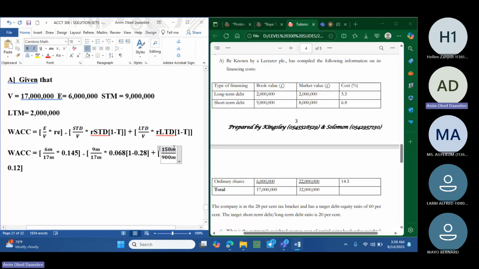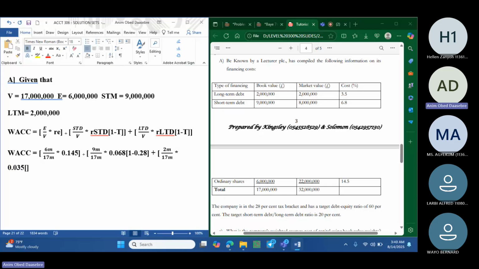Then we go to the long-term debt. The value is 2 million divided by the total book value, which is 17 million, times the cost of long-term debt, which is 3.5%, that is 0.035.